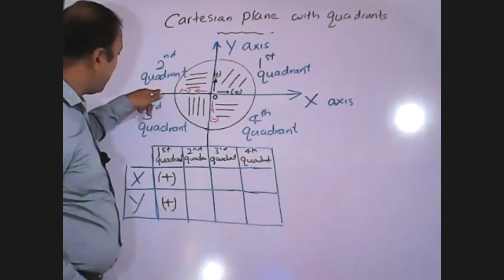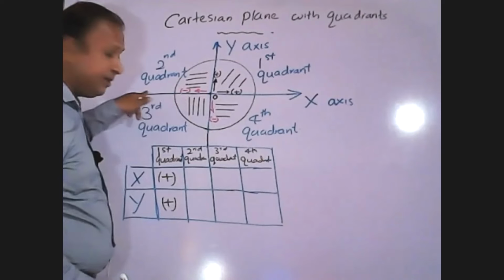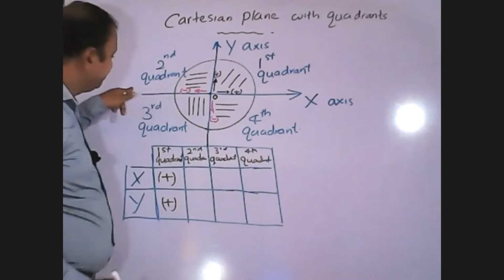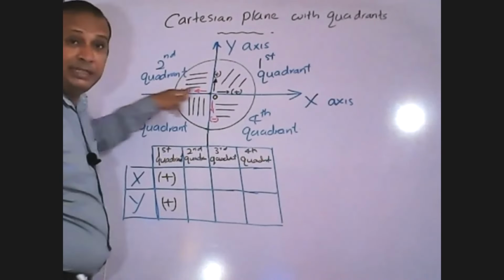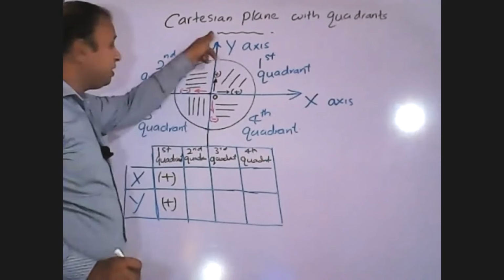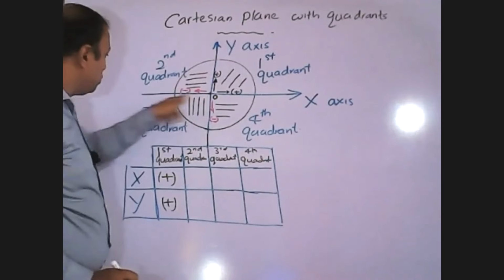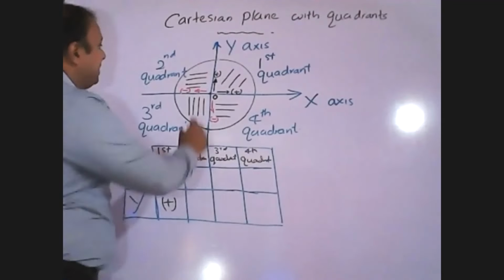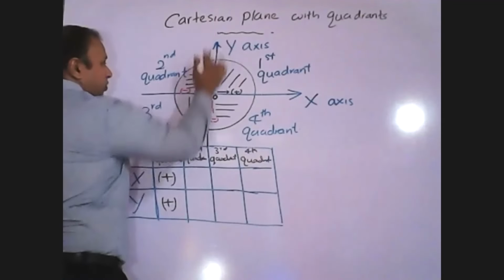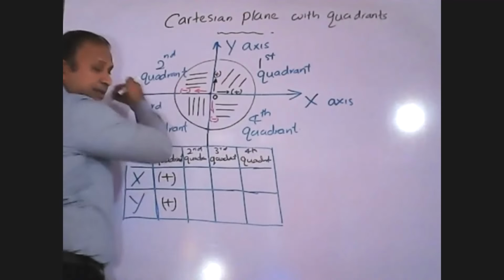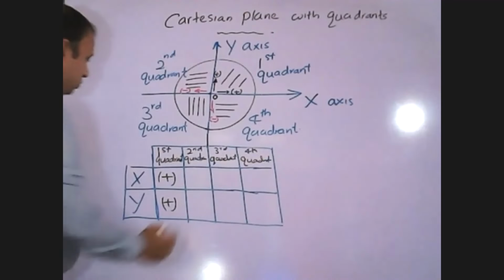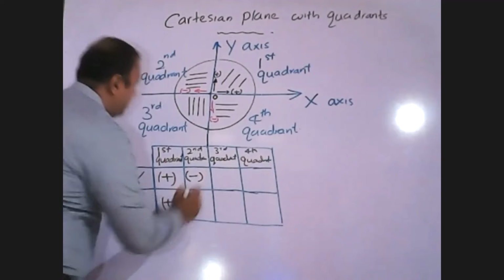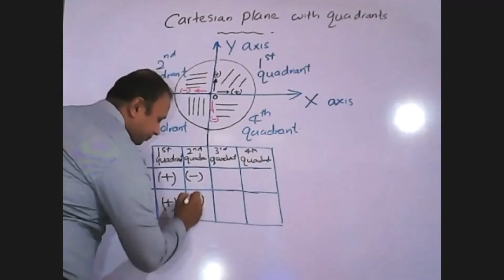Look at the second one. It consists of the negative x-axis and positive y-axis. So in the second one, the x value is negative and the y value is positive.